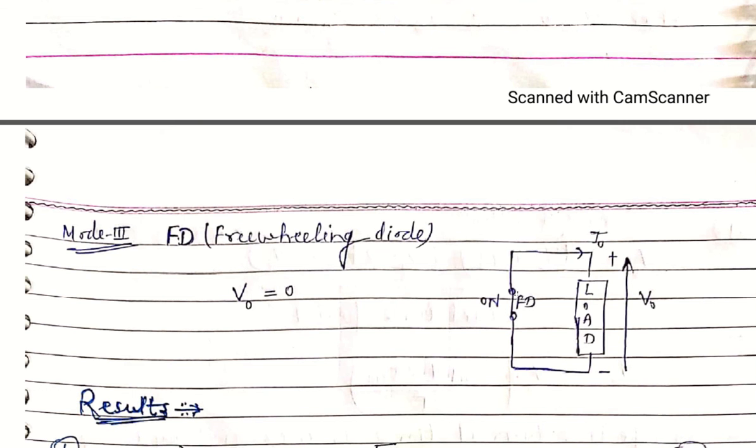See, this freewheeling diode is put in parallel with the load. So the current will flow in this way. But the output voltage will be 0 because this branch is short circuited by the freewheeling diode.